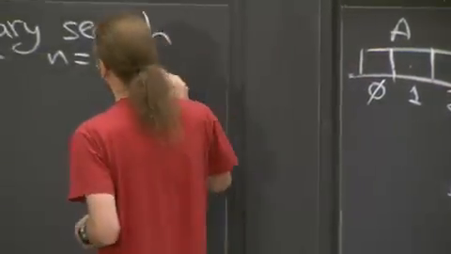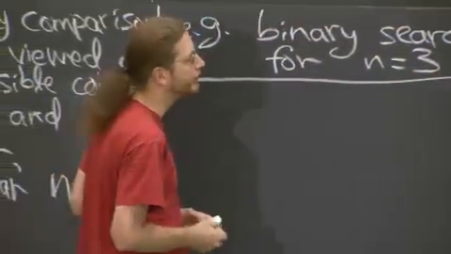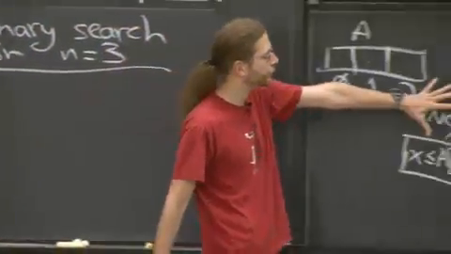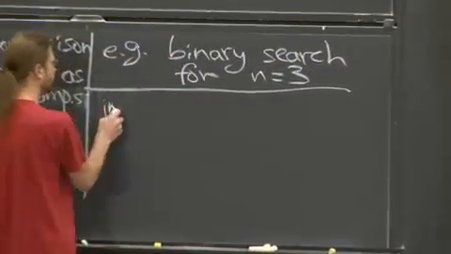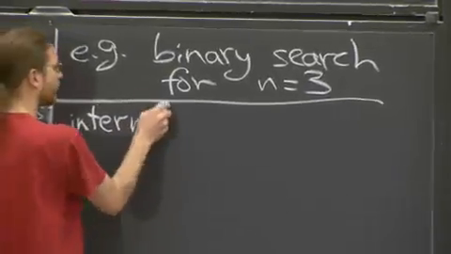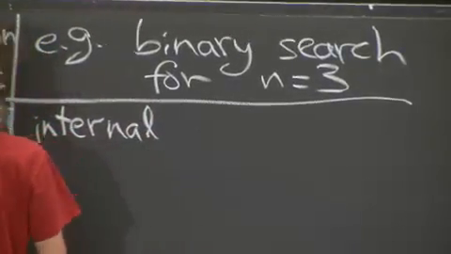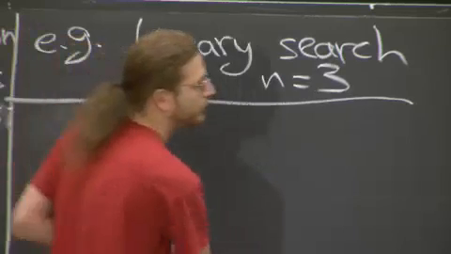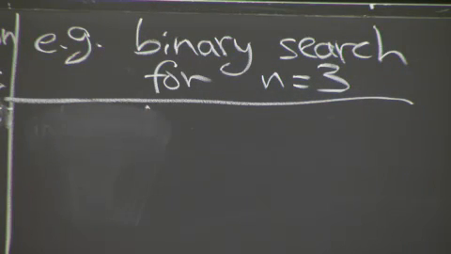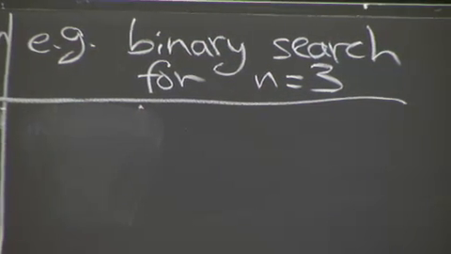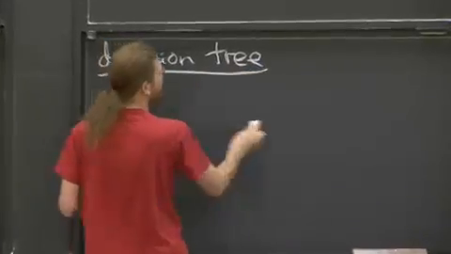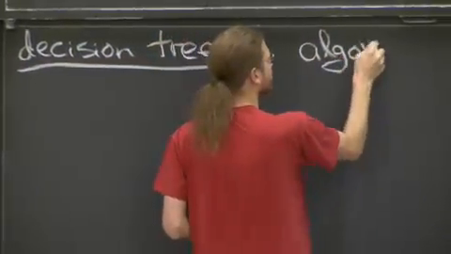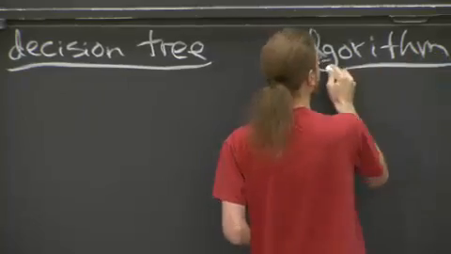OK, so let me talk about some features of this tree versus the algorithm. So every internal node, actually, I'm going to go over here. So we have a decision tree. And we have an algorithm that decision tree represents.